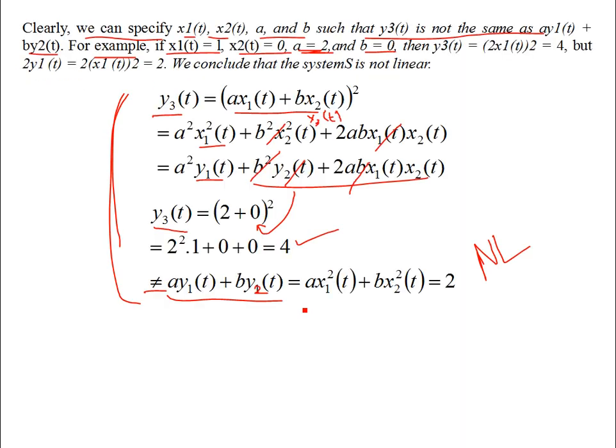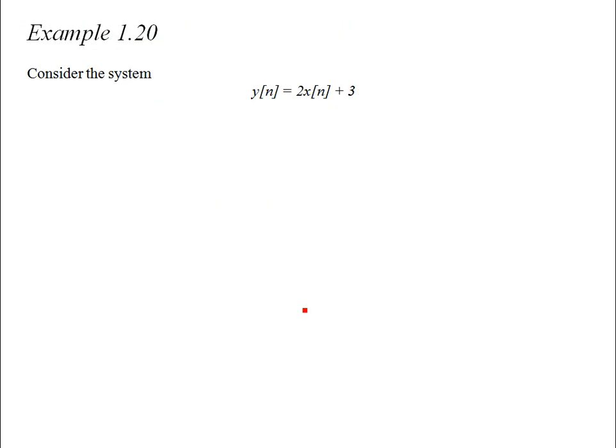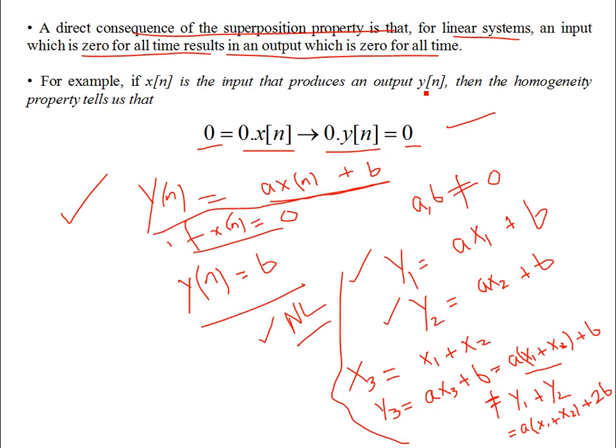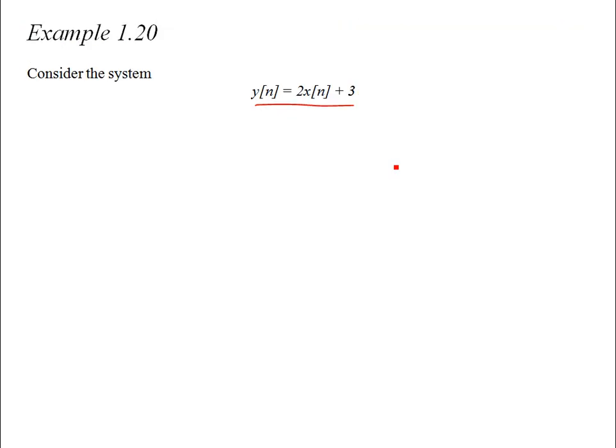let's consider another example over here. This example is similar to what we have discussed before as well. So we have here a system that does define a linear equation, but it does not define a linear system. Why? Because if x of n is 0, the output is not 0.